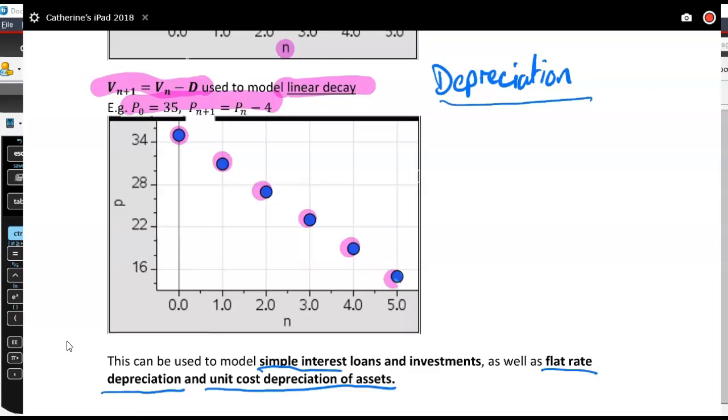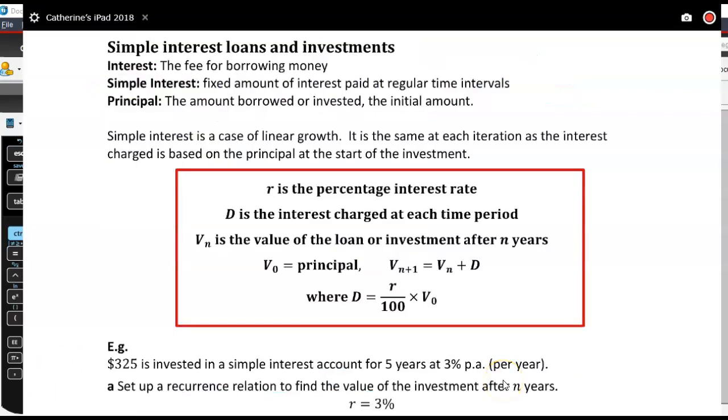So simple interest and loans and investments, and flat rate and unit cost depreciation. When we see those words, we must be thinking linear growth or decay. So let's focus on simple interest loans and investments for the moment. Interest is the fee for borrowing money, that cost of borrowing money, as I was talking about before.